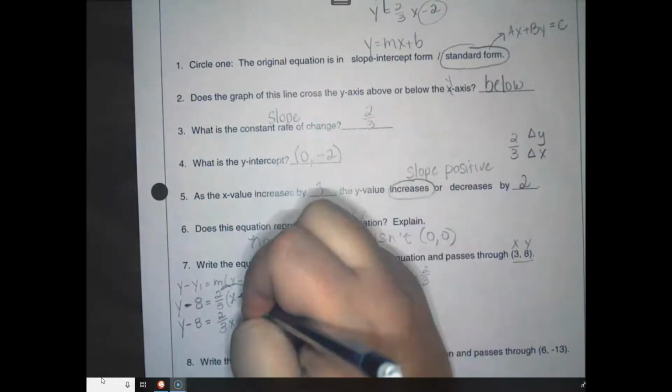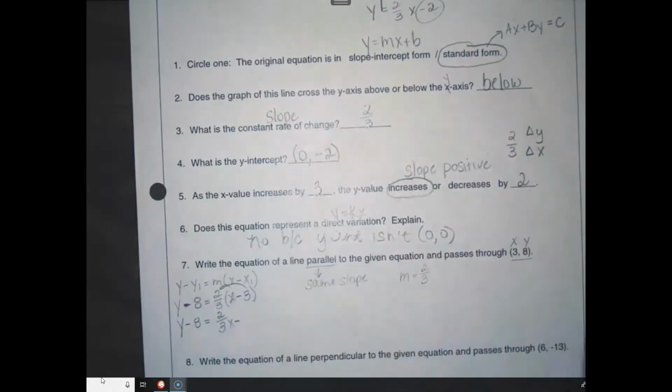Okay, I'm going to distribute that 2/3, so 2/3 x. I had some of you who were only distributing to that first thing. Be sure you distribute to both, okay? So bring down my subtraction, and we're going to do 2/3 times 3. I also had a student who came in and talked to me about reminding how to multiply those fractions without a calculator.